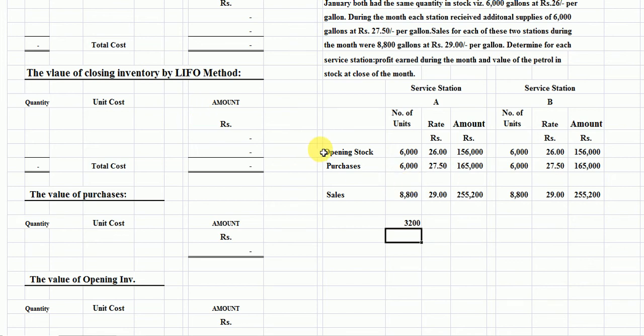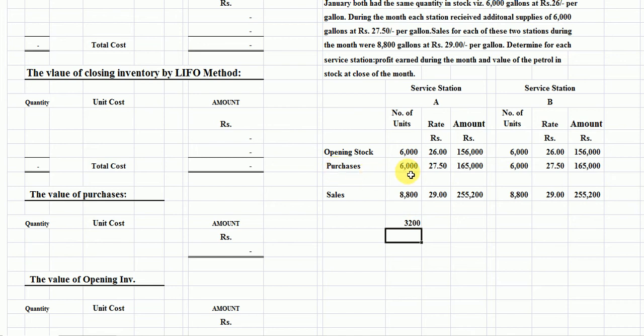Students, as per FIFO method, the company uses the first opening stock first. After that, for the remaining gallons which are sold, the company has to take the purchase gallons.